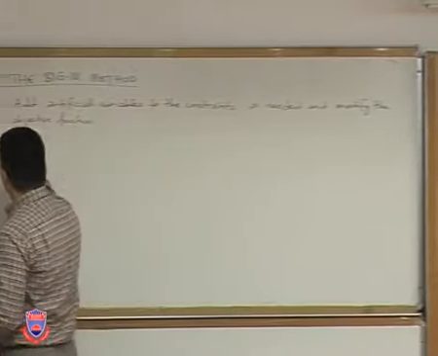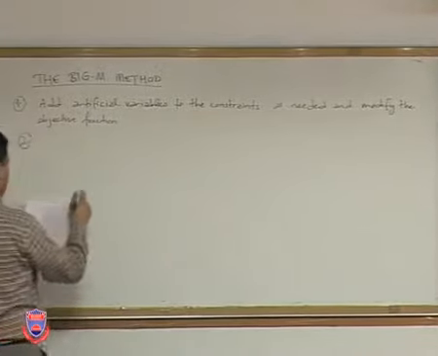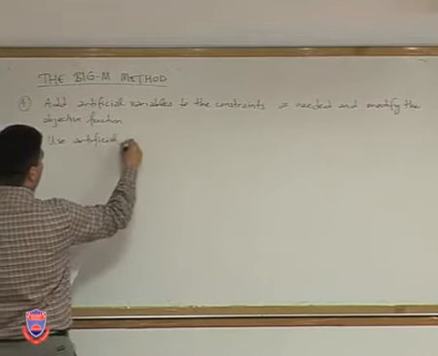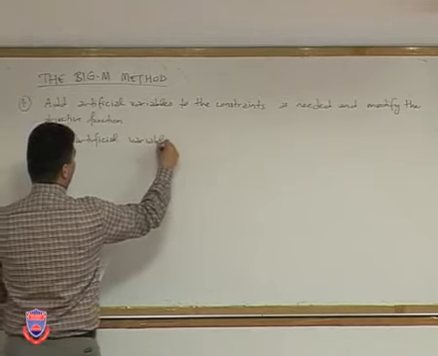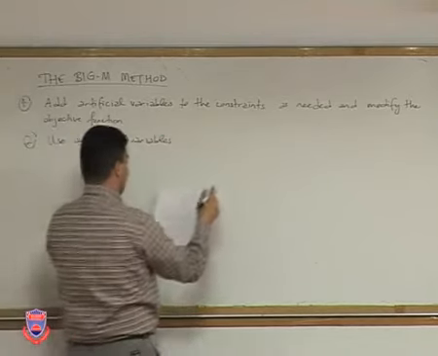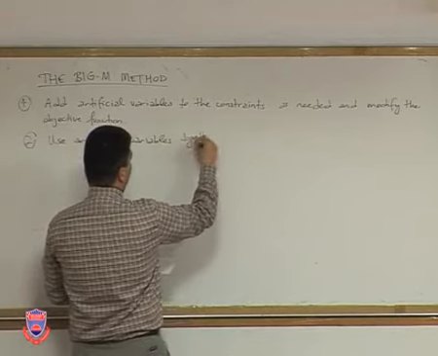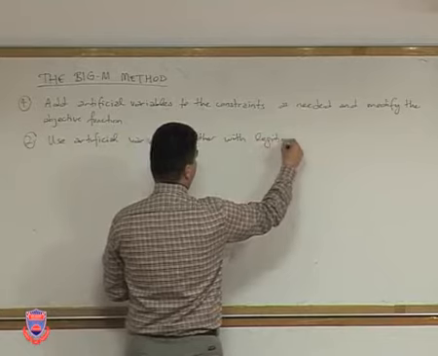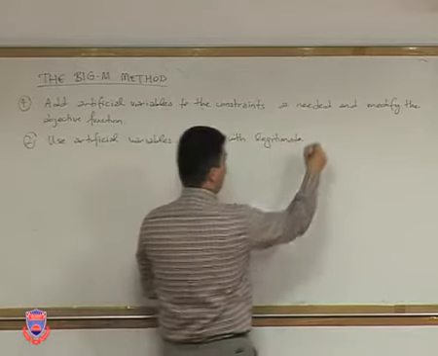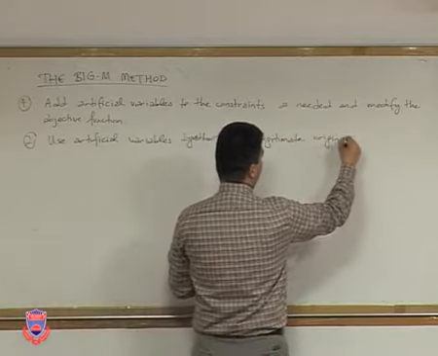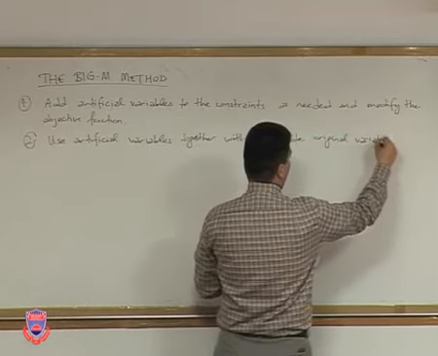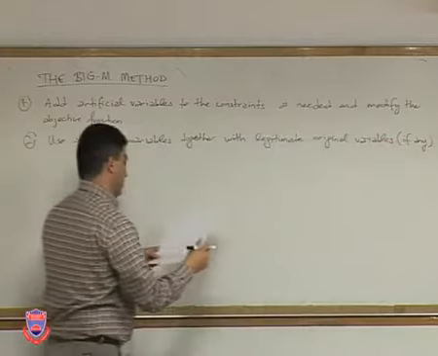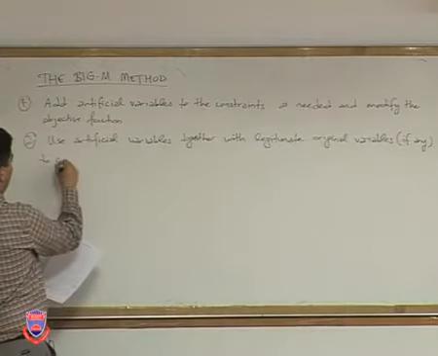In the second step, we use artificial variables together with legitimate original variables, if any, to construct an initial basic feasible solution.